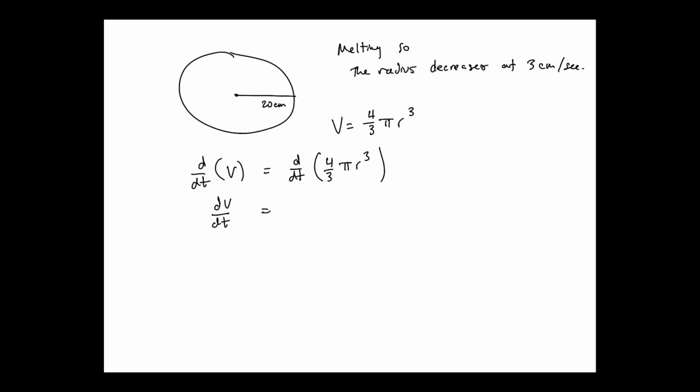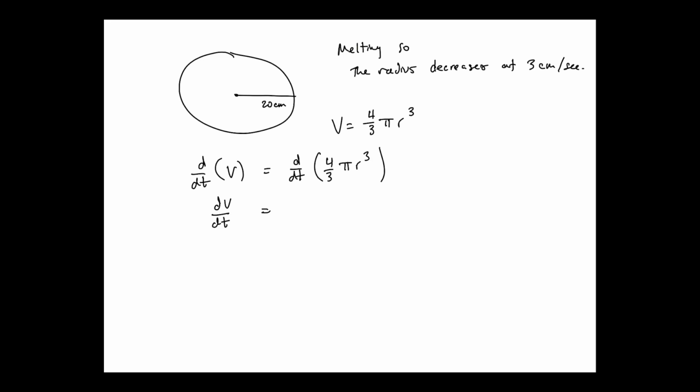Now, what were you maybe tempted to write there? V prime? You could, but I would avoid that because the problem with the prime is it suppresses who the variable is here. T, not R. R is a variable, but it's not the independent variable. So in situations like this, avoid the prime notation because it'll actually make your life more miserable later.